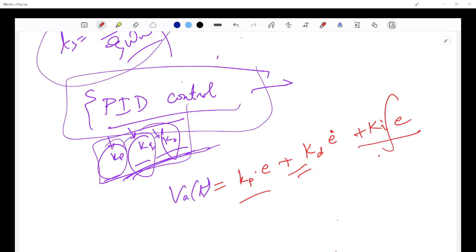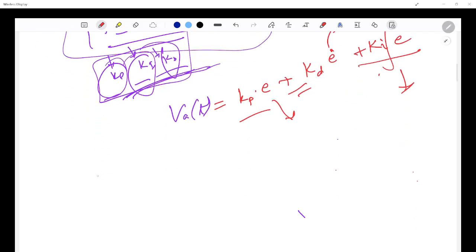I'm taking into account the current error and acting on it. I'm taking into account how the error is changing, which helps me get a sense of noise. And this tells me how much error is accumulating over time and how I should take corrective action.